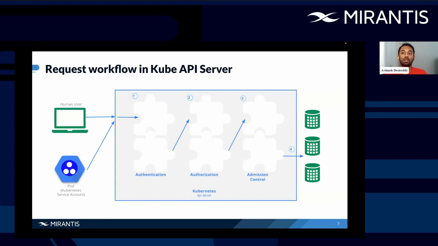So how does a user interact with the API server? The user can interact with the API server using kubectl or a UI-based application called Lens Desktop. What the UI-based applications or kubectl do is they implement the REST wrappers that the API server exposes.